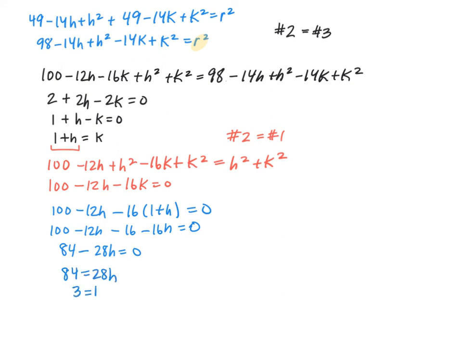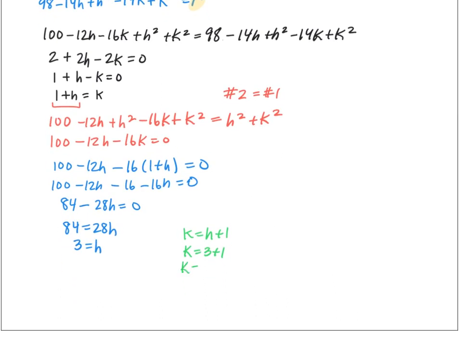And I got 3. All right, so if h is 3, then I can plug it back into the other one. So k is equal to h plus 1. So k is 3 plus 1. So k is 4. So that means that's our center. 3, 4 is the center.